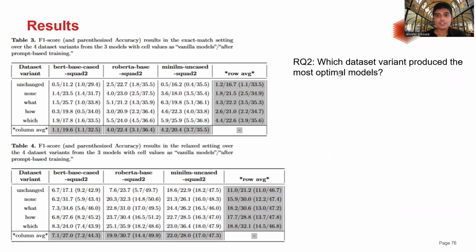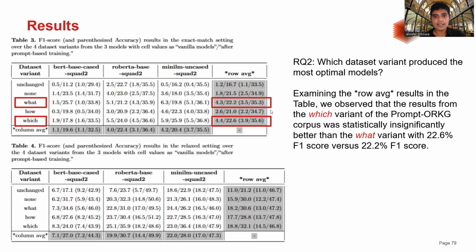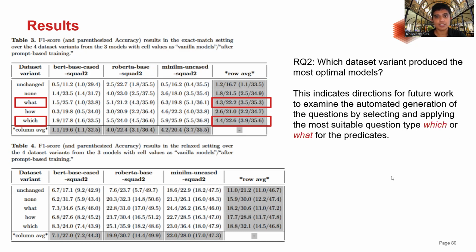Our second main research question, finally, is which dataset variant produced the most optimal models? And in order to do this, we take a look at the results from the dataset variants themselves. And we find, examining the row average results in the table, we observe that results from the which variant is statistically insignificantly better than the what variant, with 22.6% F-score versus 22.2% F-score.